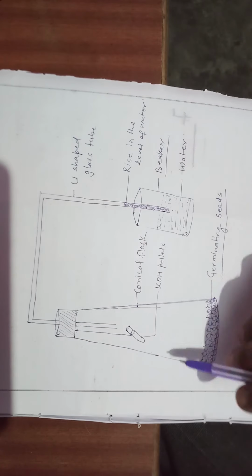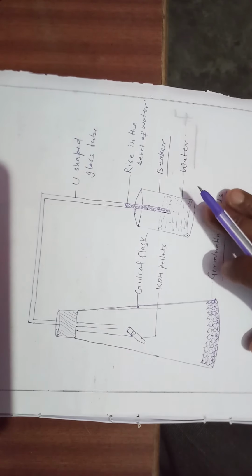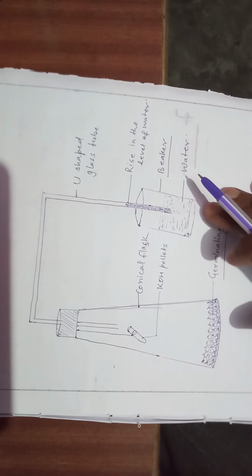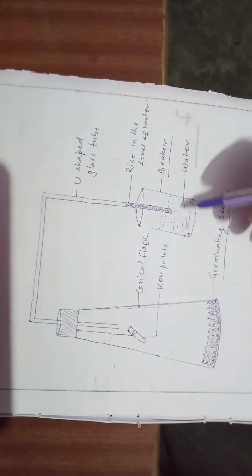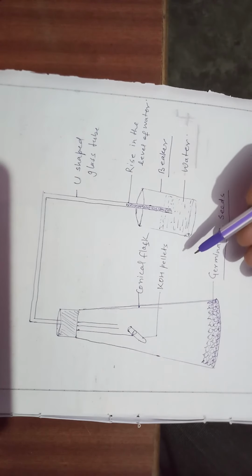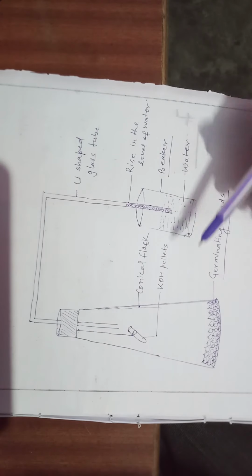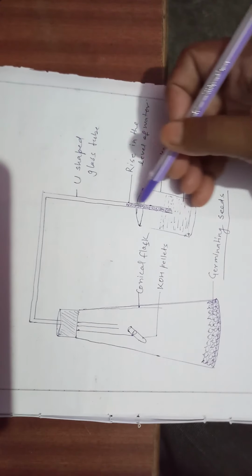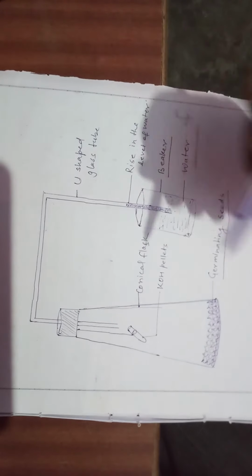In this way, leave this apparatus for a few hours and after that observe it. When you observe it, you will find there is an increase in the level of water in the delivery tube.